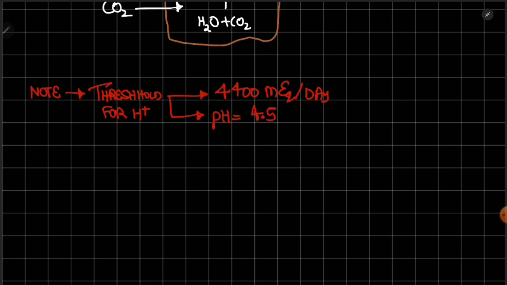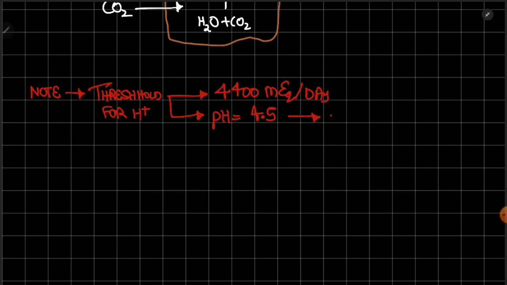So 4400 milliequivalent per day, this is the value. Now tell me, what will happen if the H plus is beyond these limits? Let's say the H plus is 6000 milliequivalent per day, or 5000 milliequivalent per day, or it crosses the pH 4.5, like it is more acidic. So I will just mention pH is equal to 4.5.